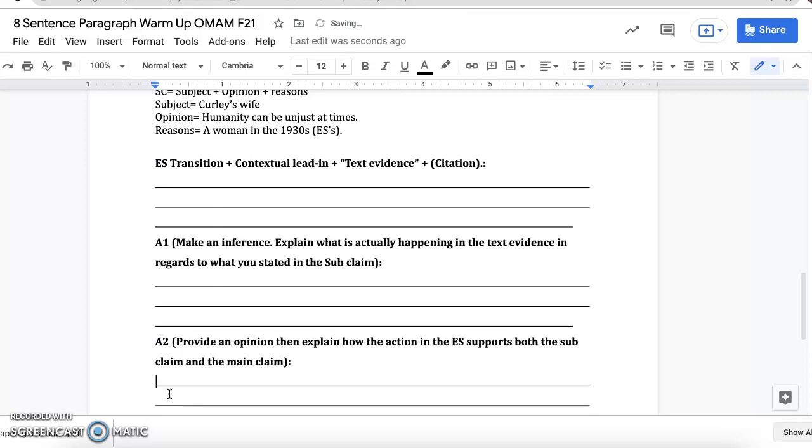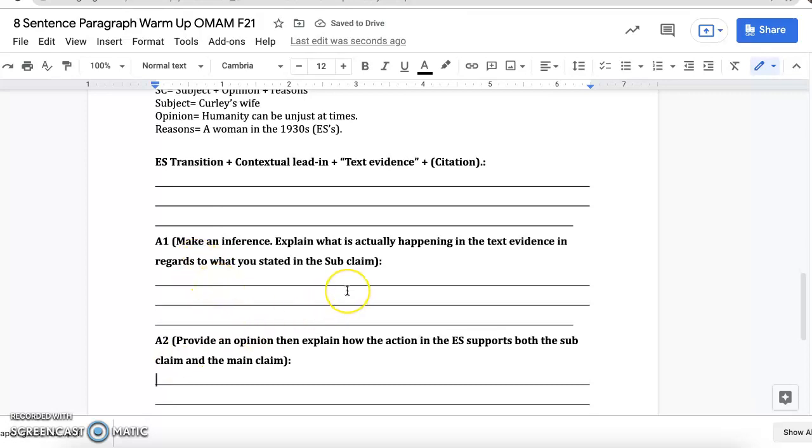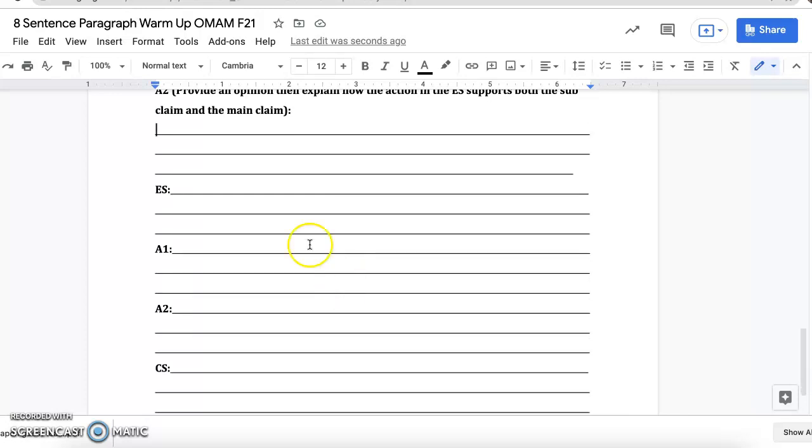And you're going to do this twice, meaning you have another ES that you should provide, another A1, another A2, and then lastly your concluding sentence. And the concluding sentence is easy because you're really restating the subclaim in different words.